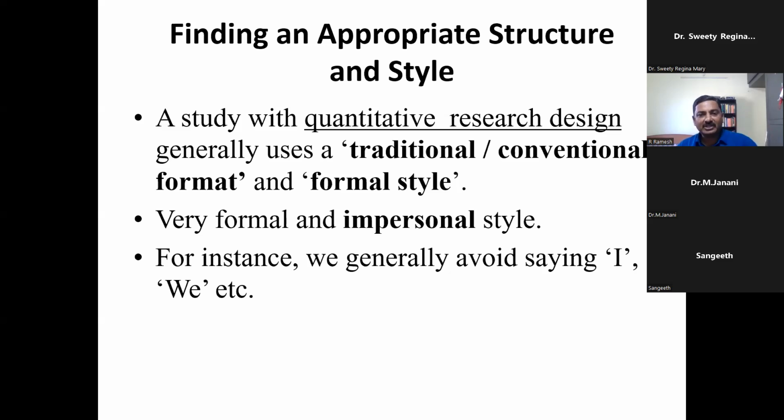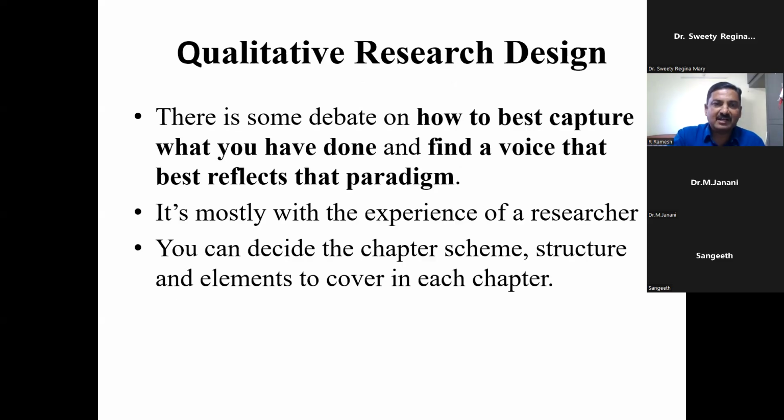They have their own, but mostly in quantitative research design and also in mixed research, we go with traditional conventional formatting. In qualitative research, you can decide the chapter scheme, structure, and elements to cover in each chapter. That is left to the researchers to decide.